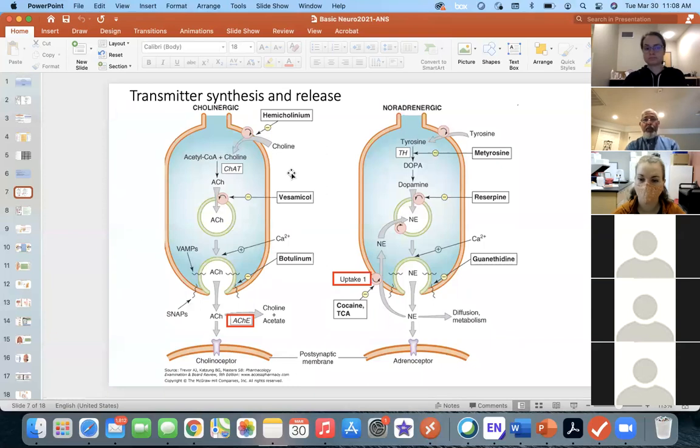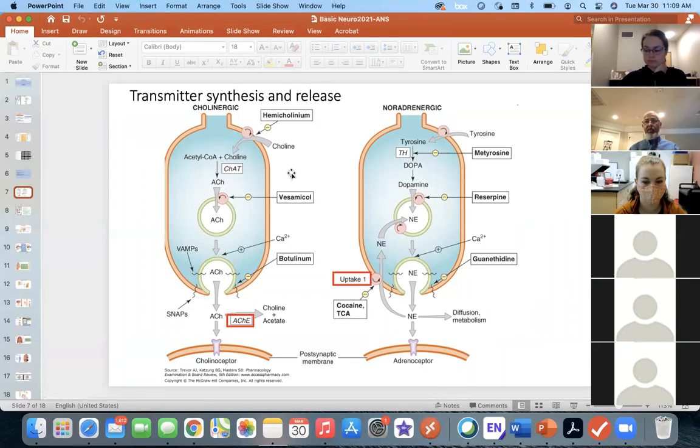Now, you are familiar with the term synapse, right? Synapse is where one neuron ends and another neuron begins. Now, how is the information from one neuron transported to the other one, or information from the nerve ending transmitted to the effector organ, either skeletal muscle or smooth muscle or cardiac muscle, whatever?